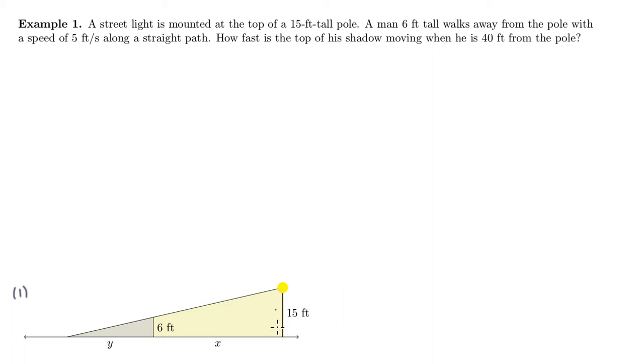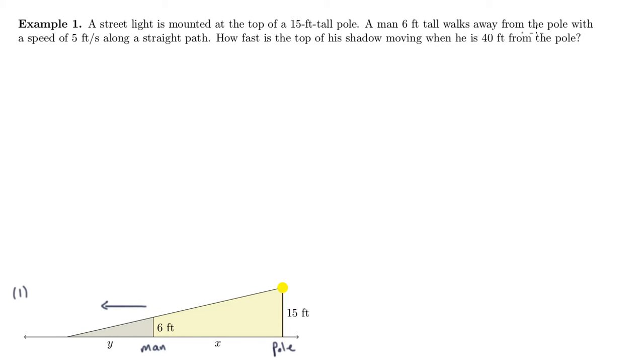So here's the pole right here, and here's our man right here. The pole is 15 feet tall, the man is 6 feet tall, and of course the man is moving this way, away from the pole.